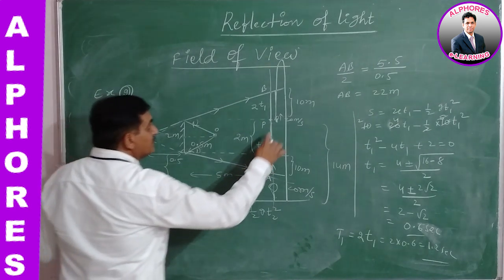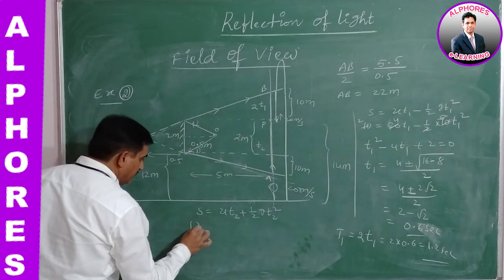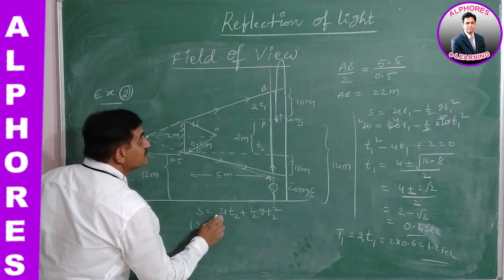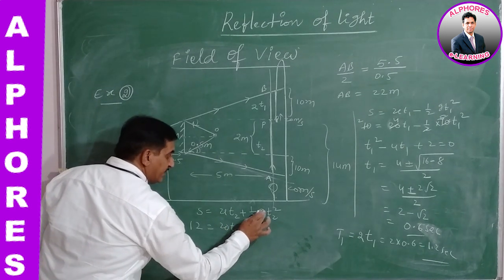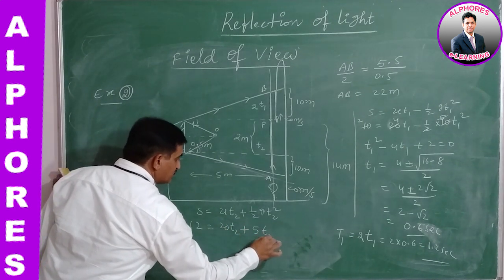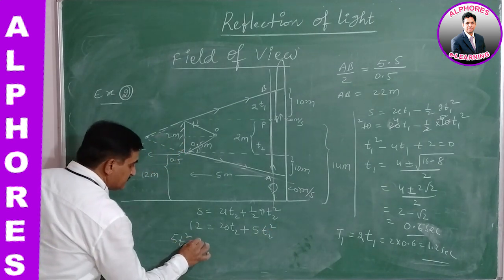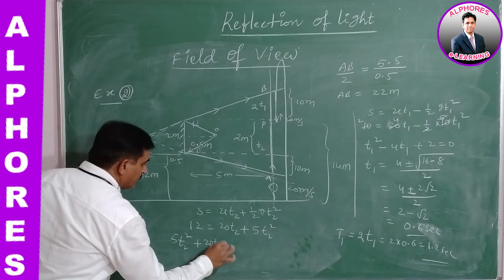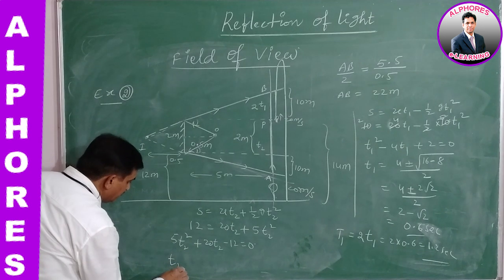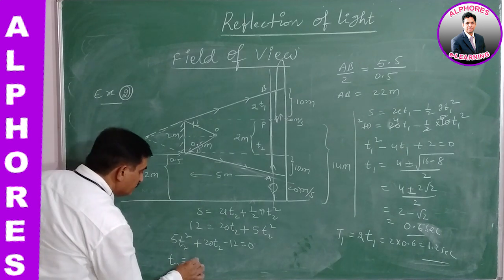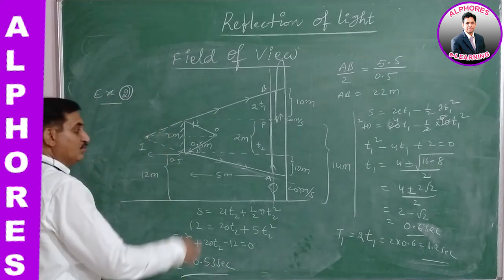So from here to here 2 meters, from here to here 10 meters, so 12 is equal to 20 T2 plus 5 T2 square, and the quadratic equation is 5 T2 square plus 20 T2 minus 12 equal to 0. By solving this you will get T2 is equal to 0.53 seconds.